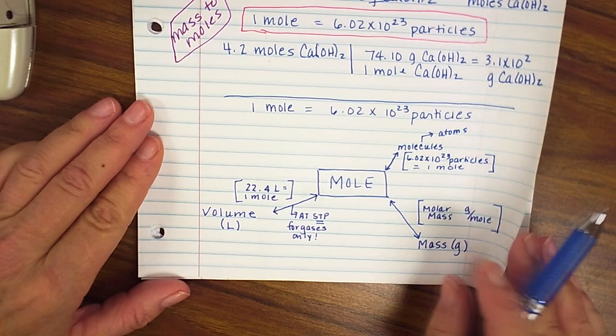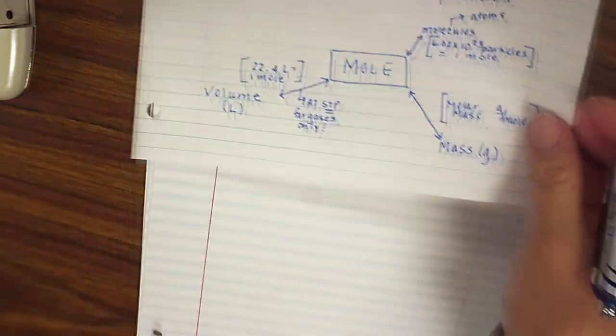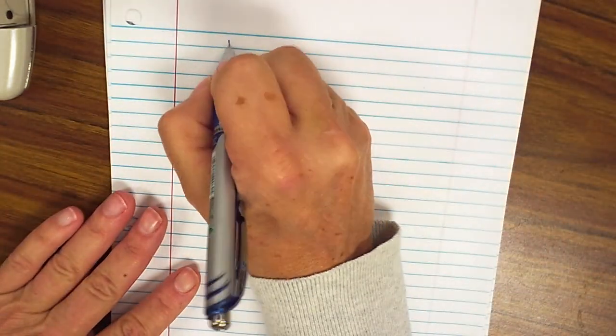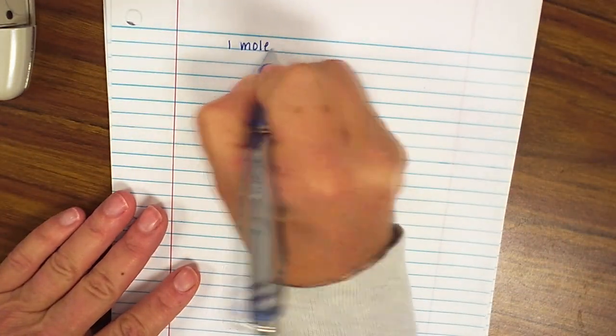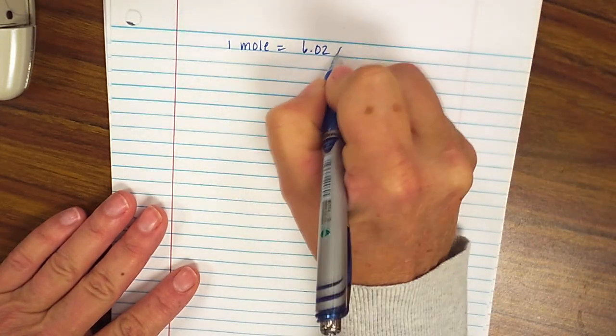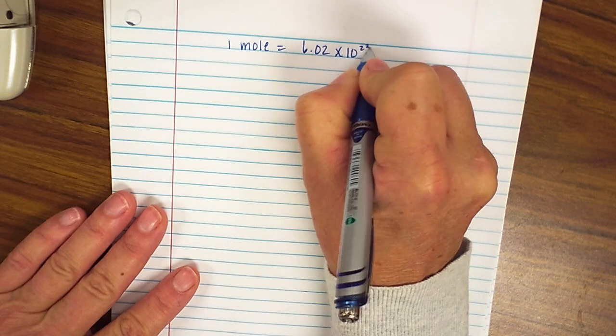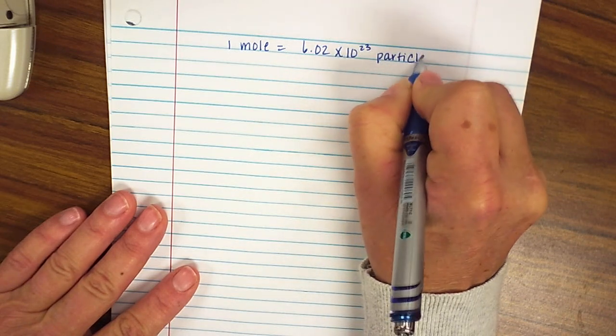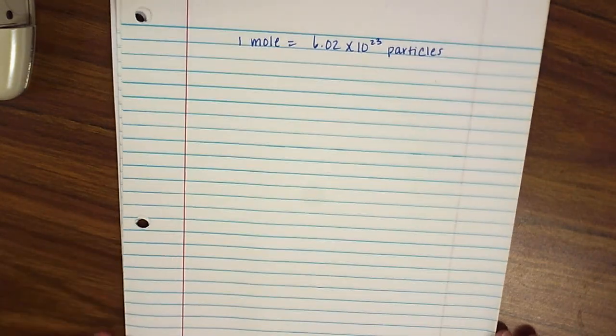So right now we're going to do our next one, which is going to be moles to particles. So 1 mole equals 6.02 times 10 to the 23rd. You can't write this enough. Particles. And so here we go.